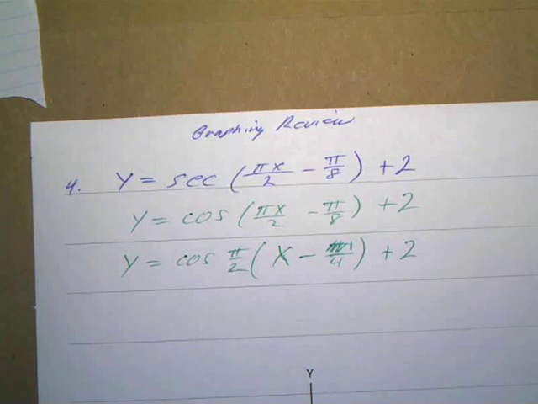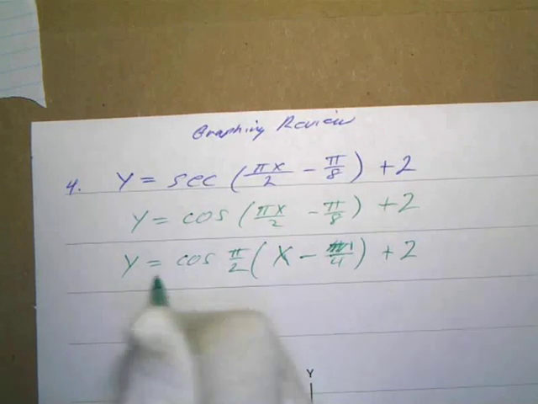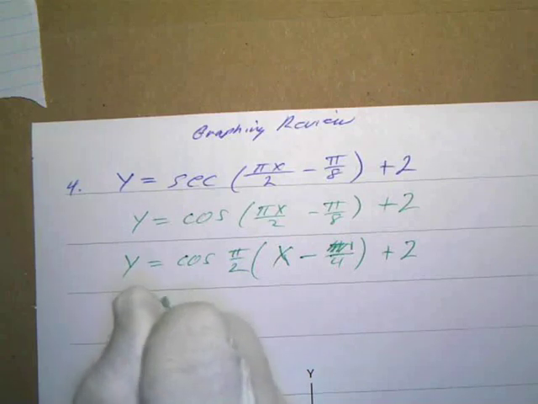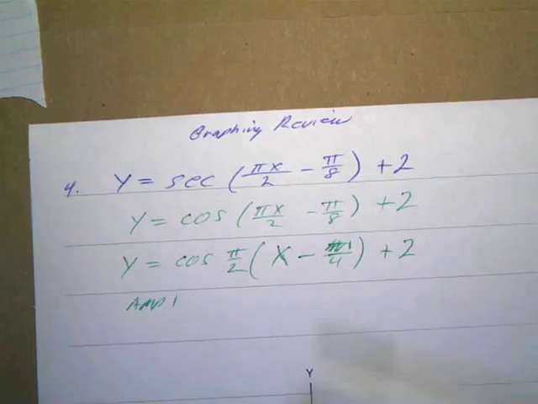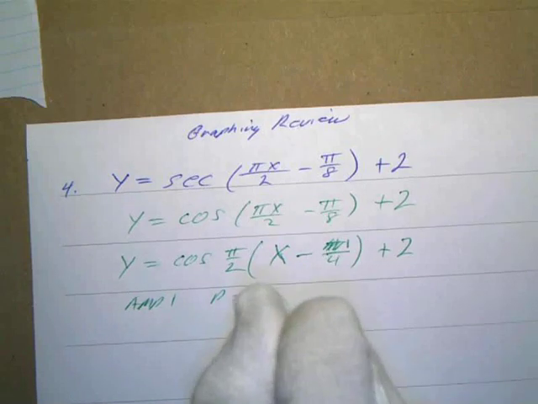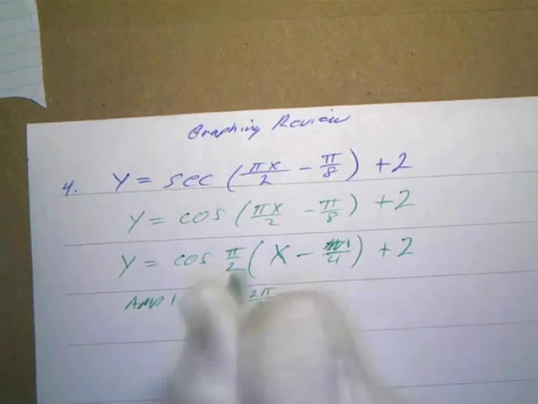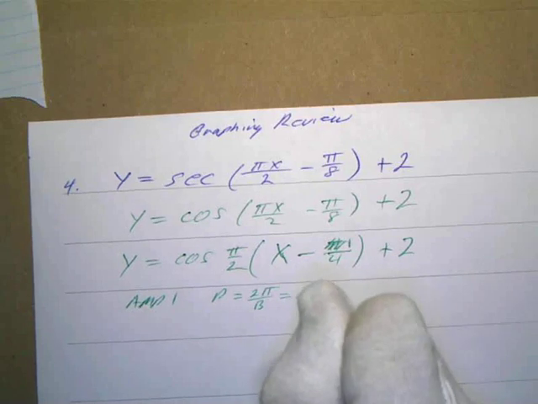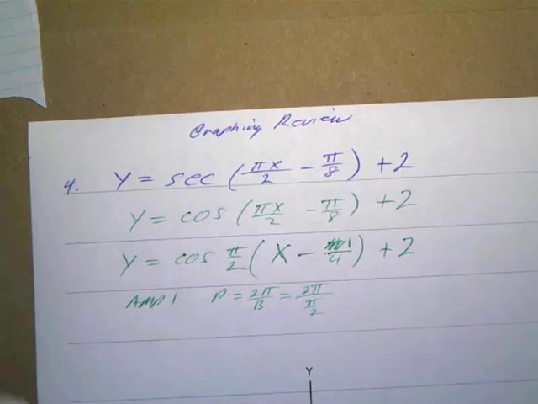All right, so my amplitude is just 1, because there's only 1 in front. My period is 2 pi over b. In this case, b is pi over 2, so I get 2 pi over pi over 2.